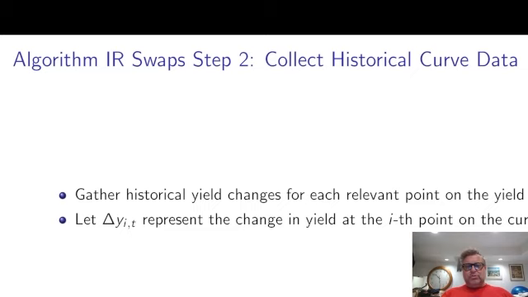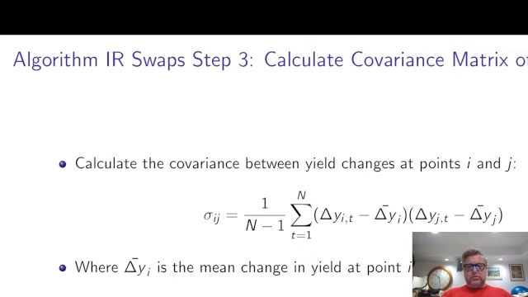Then step 2, and usually this is actually done before step 1, we gather historical rate changes of each relevant point in the yield curve. And we have sigma yield, which represents the change in the rate at the ith point on the curve in time. Let's call this rate changes instead of yield changes. We calculate the covariance. Just write this down.